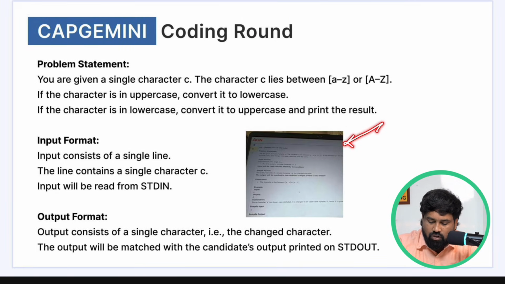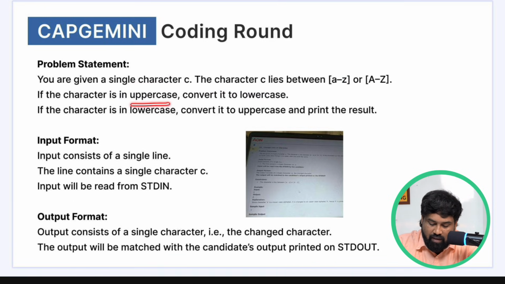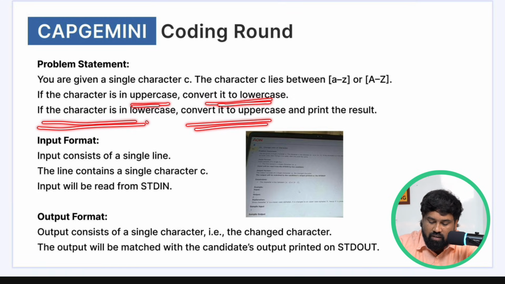I have taken the screenshot from the students, but the screenshot won't be that visible on our screen, so I have recreated the question. Let's see the statement here, the first problem we are discussing in this video. You are given a single character C, and the character C lies between a to z or A to Z, which is nothing but either a small c or a capital C. If the character is uppercase, convert it into lowercase, and if the character is lowercase, convert it into uppercase.